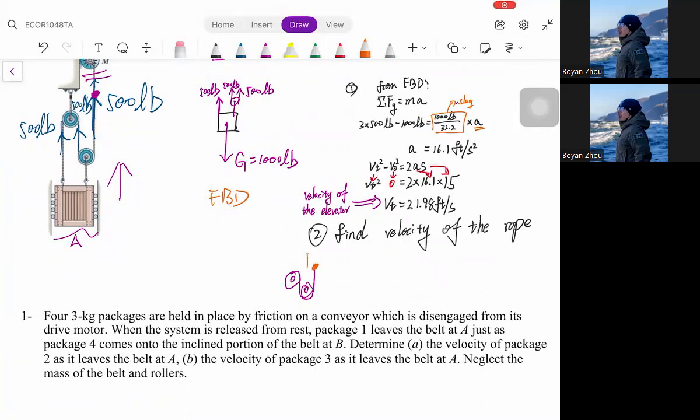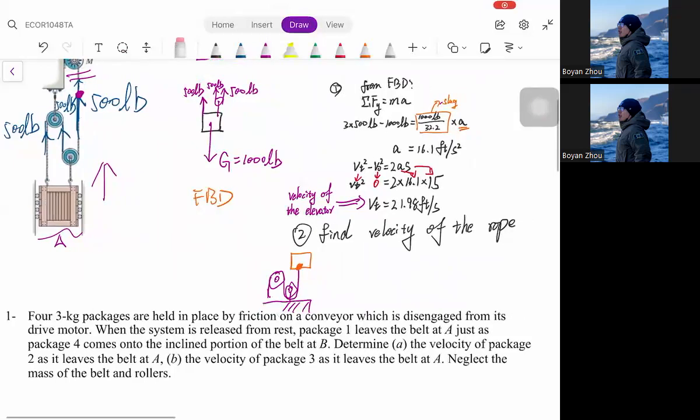So I personally like to put a dummy box over here, and everything is connected to the elevator. Well, it shouldn't be solid. So yes, something like this. Can I make it bigger?